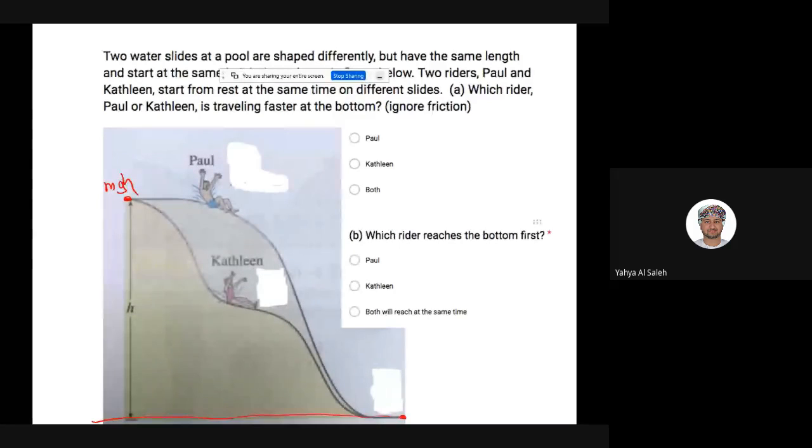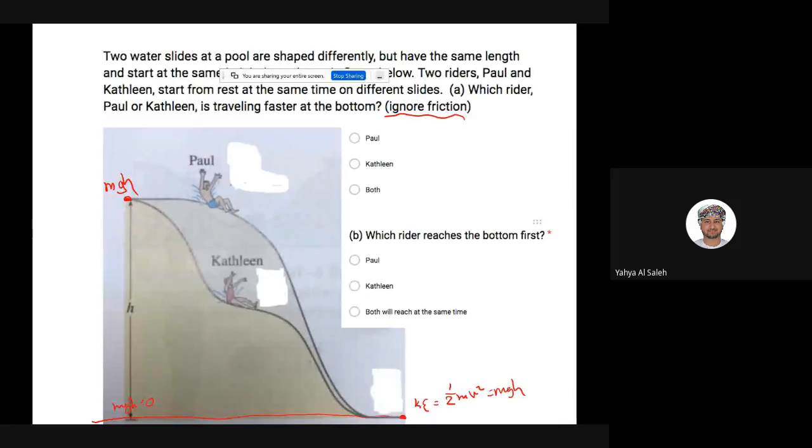They both end up on the floor at the same point, at the same height, and mgh down here is equal to 0. Where did this energy go? This energy went to kinetic energy because we are ignoring friction. So we end up with half mv squared, which is equal to mgh.